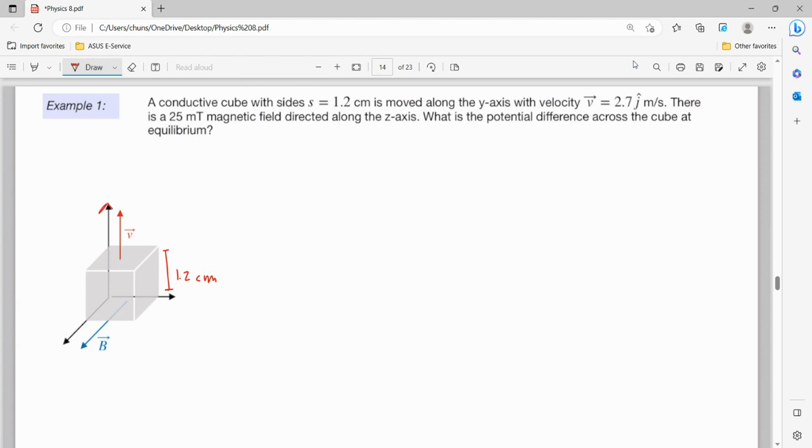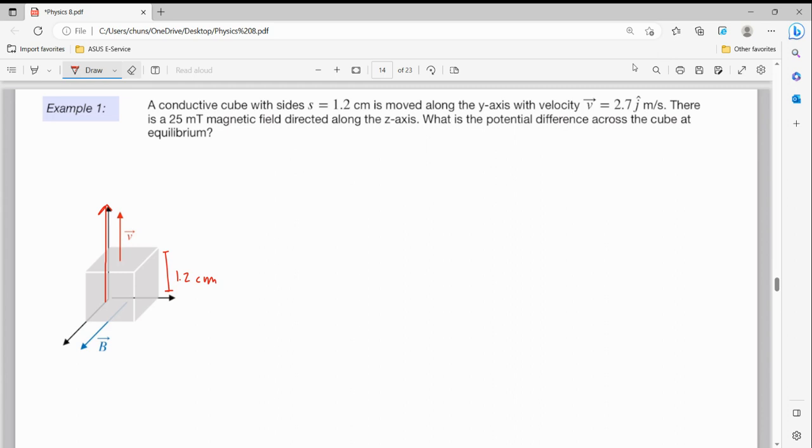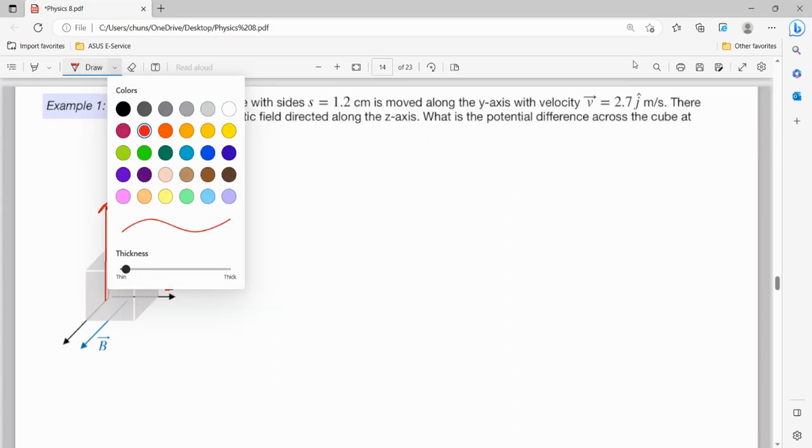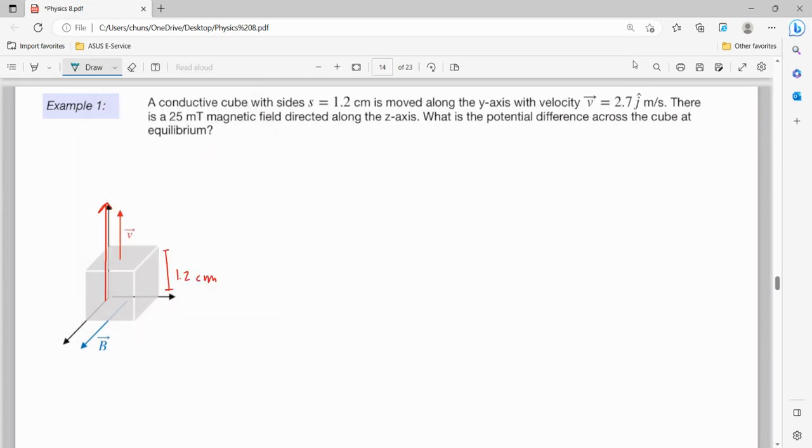First of all, we know that our forces are acting perpendicular, so this is going to be a Hall effect, where this is the z-axis, this is the y-axis. What is the potential difference across the cube at equilibrium?